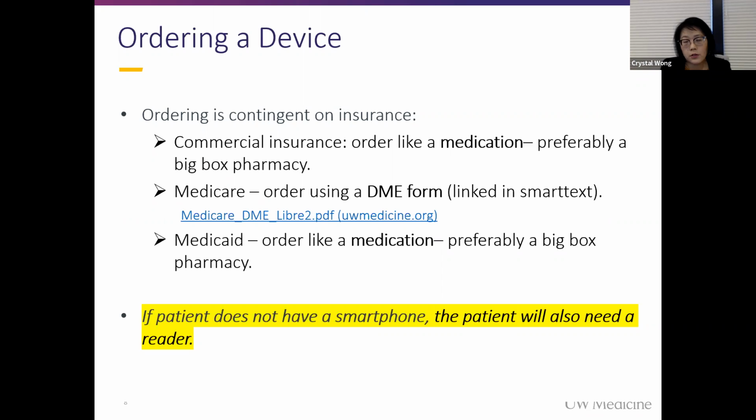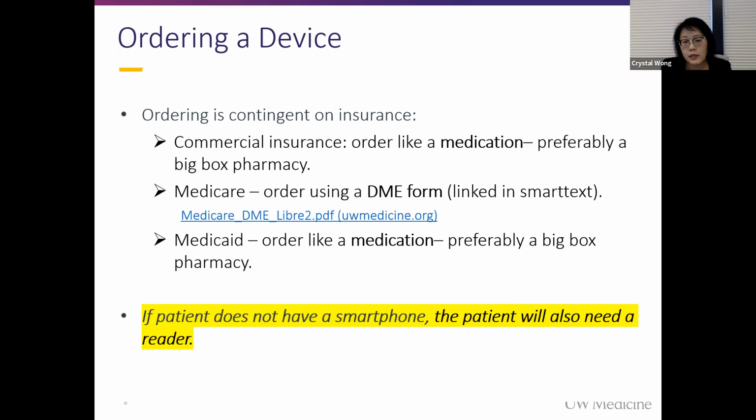The way that you can do that is a couple of ways. One, you can absolutely use the same Epic order as if you were sending it to a pharmacy, but just choose the print option. Then it prints the prescription on a piece of paper, and you sign it and give it to the patient. You can also put in a DME order if you'd like, and print that, sign it and give it to the patient. There is additional DME form.